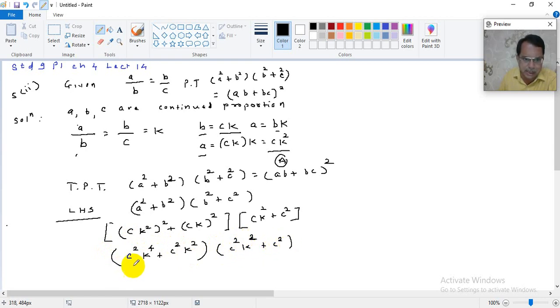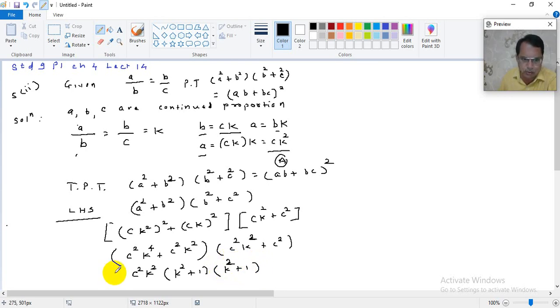So now here you can take c square k square common, कारण k raised to 4 म्हणजेच k square चा square. So I can take c square k square common. म्हणजे मग कंसामध्ये काय येईल, c square ऑलरेडी आपण बाजूला घेतलेला आहे, k square येईल ते, आणि this is 1. And on this side you have c square k square plus c square. So I can take c square common. So कंसामध्ये येईल k squared plus 1.